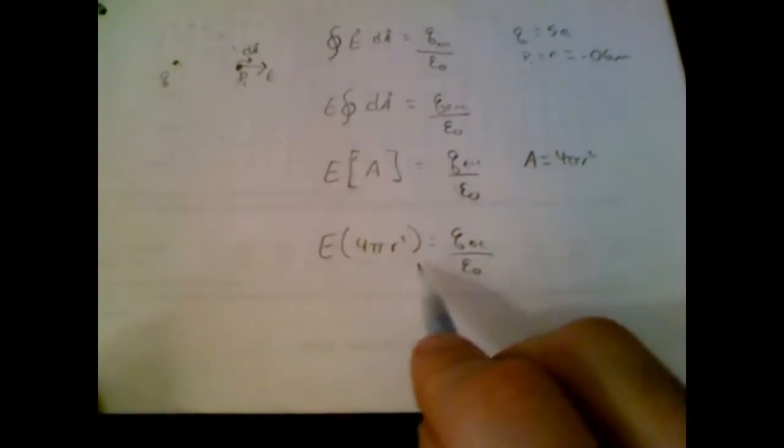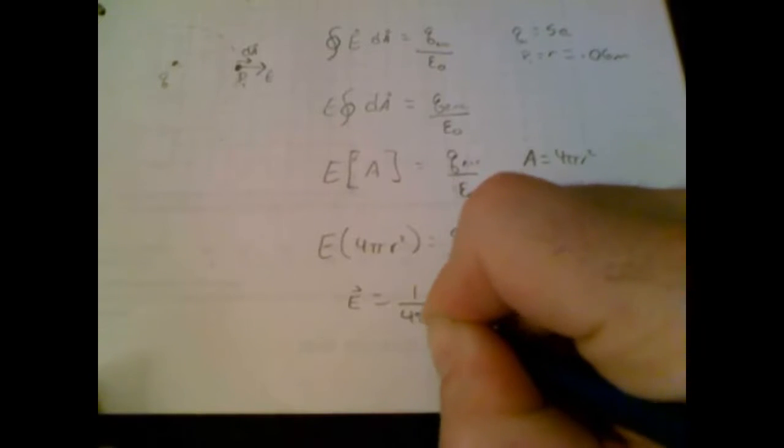So now I'm going to have E times 4 pi r squared equals Q enclosed over epsilon naught. I'm going to divide both sides, and now that should be something that I recognize.